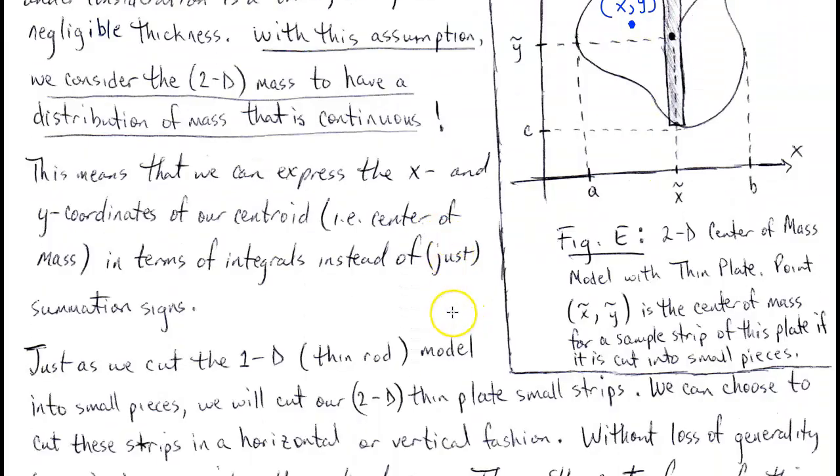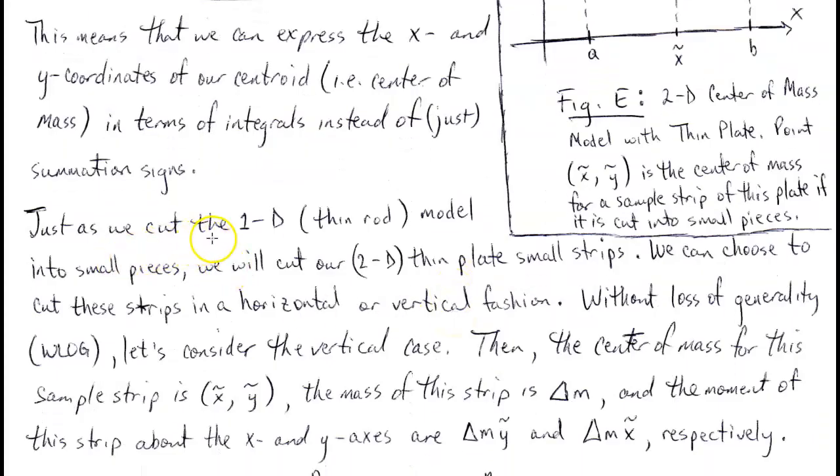Just as we cut the one-dimensional figure or the thin rod model into small pieces, we'll now cut our 2D figure into small strips. Strips, because our strips are two-dimensional, so they'll have a length and a width. You can choose to cut these strips in a horizontal or vertical fashion.